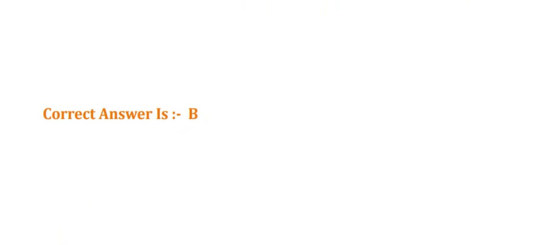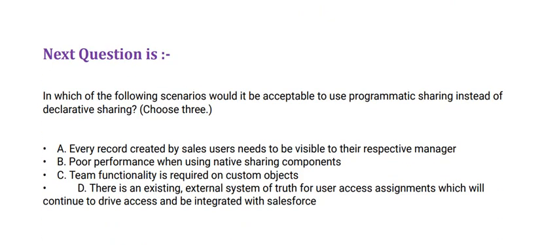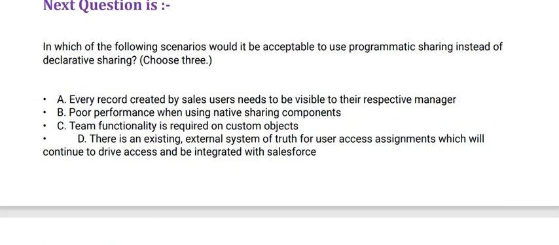Next question is: In which of the following scenarios would it be acceptable to use programmatic sharing instead of declarative sharing? Choose three options. Option A: Every record created by a sales user needs to be visible to their respective manager. Option B: Poor performance when using native sharing components. Option C: Team functionality is required on custom objects.